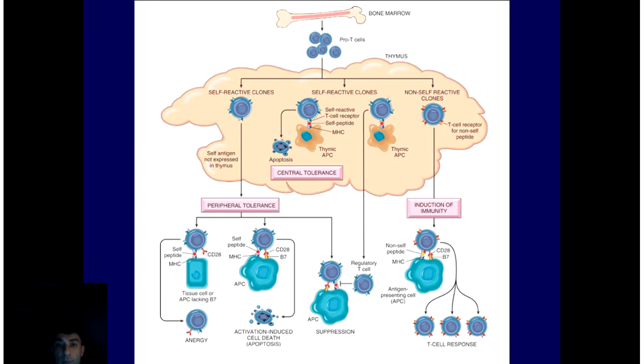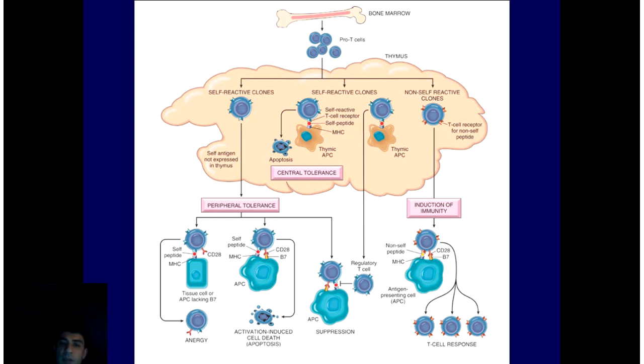All the initial T cells which come to the thymus show their T cell receptors, and local antigen presenting cells show them their self-peptide. If they react, it means they have receptors against self. So usually these clones are forbidden, and therefore they are deleted. Through apoptosis they are removed. Probably most of such cells are removed at this moment.